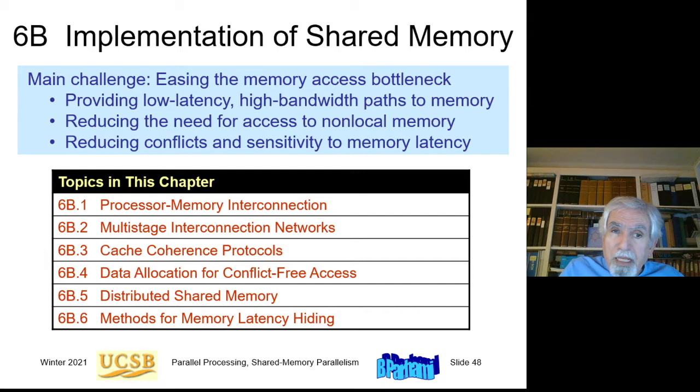In other words, provide low latency, high bandwidth paths to memory, reduce the need for access to non-local memory, and reduce conflicts and sensitivity to memory latency. These will become clear as we discuss the various topics in this chapter.